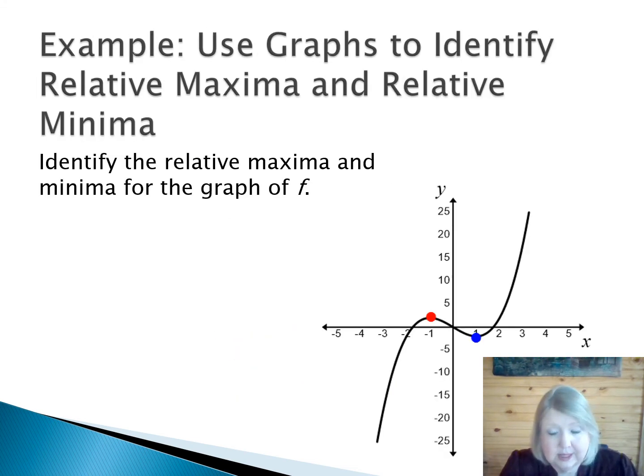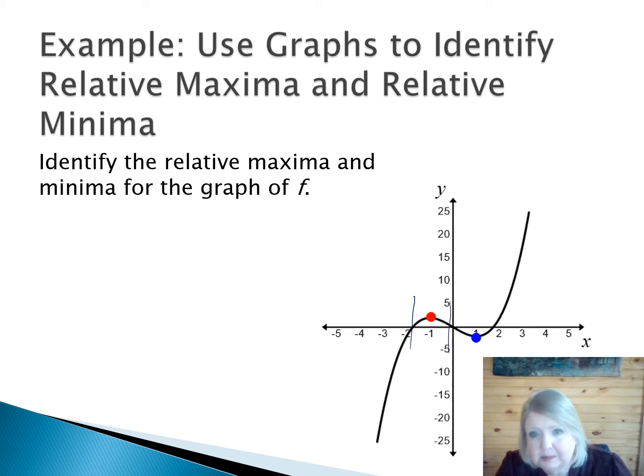So again, let's take a look at an example where Miss Harrell has marked them for me. Identify the relative max and the relative min. Notice they're not giving me an interval, because the whole point is that this interval gets smaller and smaller. But if I were to break up this graph, let's say right here, I have a relative max.